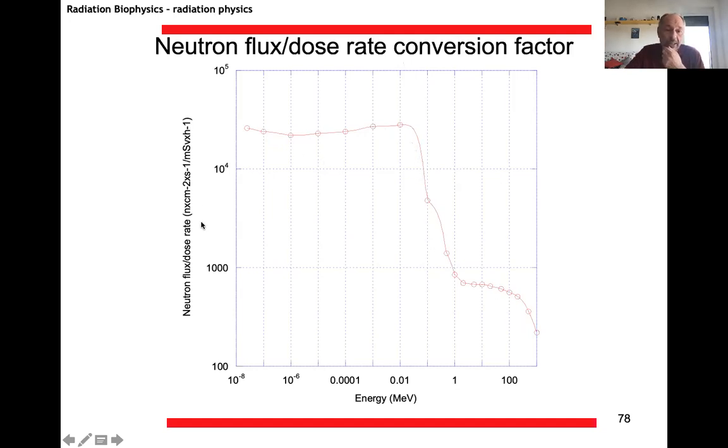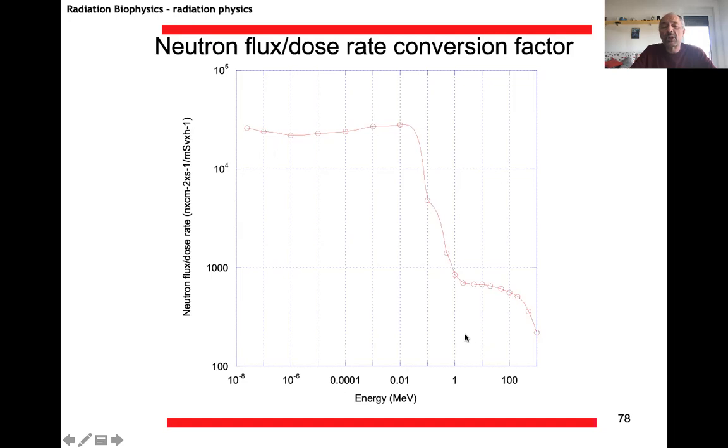This is the neutron flux dose rate in these units, and this is the energy. It's the conversion factor to millisievert per hour. The flux is in neutrons per square centimeter per second. You see that the conversion factor is higher when you take thermal neutrons, and then when you go to fast neutrons, it drops.